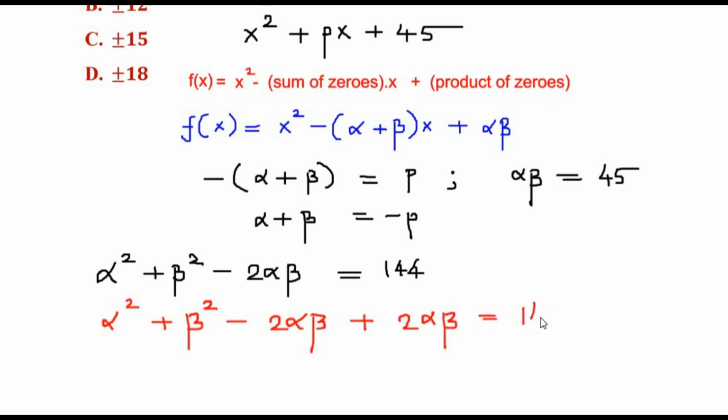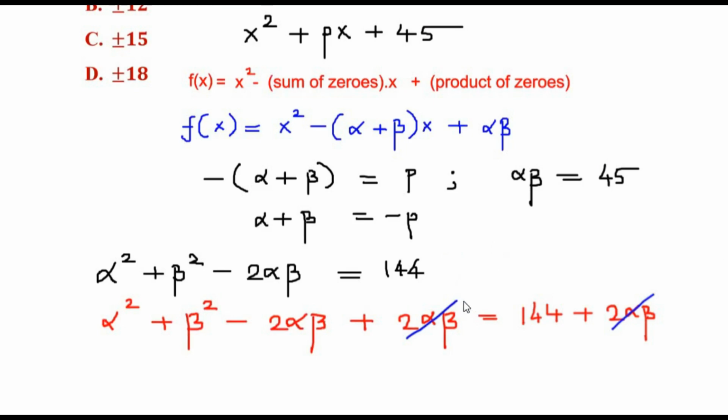So here 144 plus 2 alpha beta. If you see that way, plus 2 alpha beta from both sides will cancel each other. So this is the kind of adjustment you need to make such that the original expression is not getting changed. So add plus 2 alpha beta on both sides of the equal to sign.